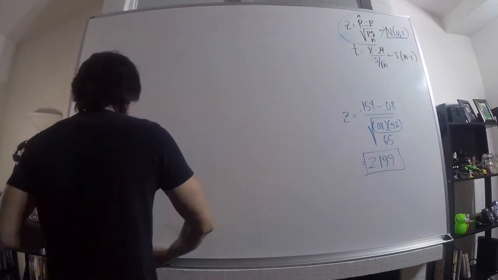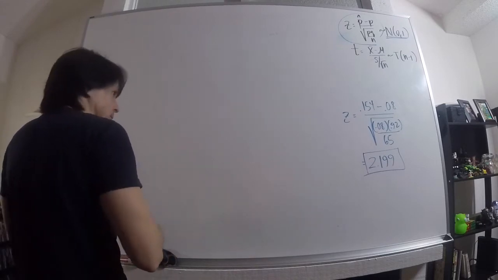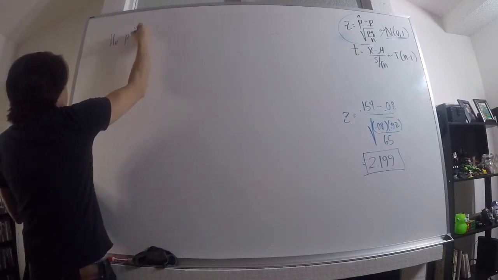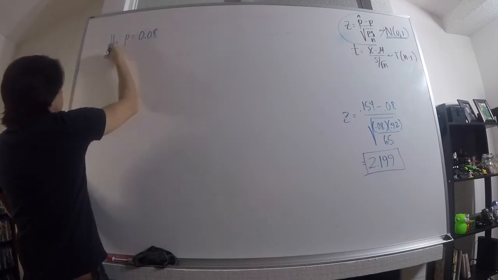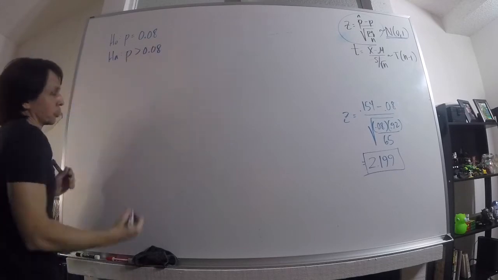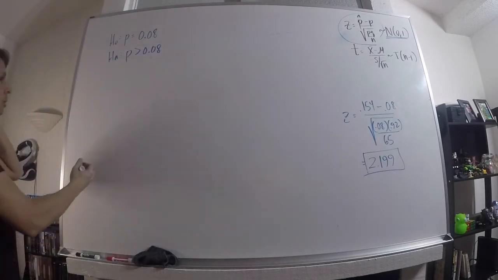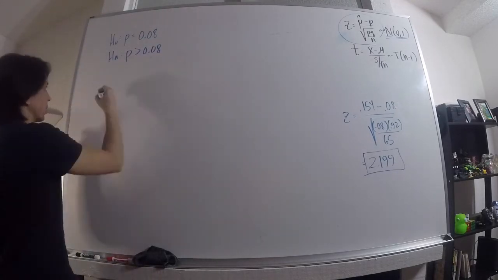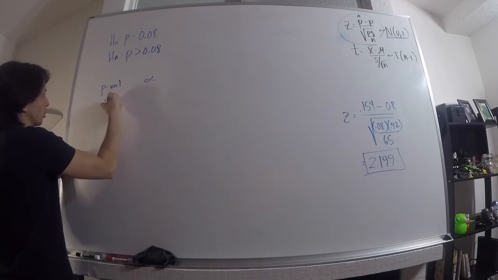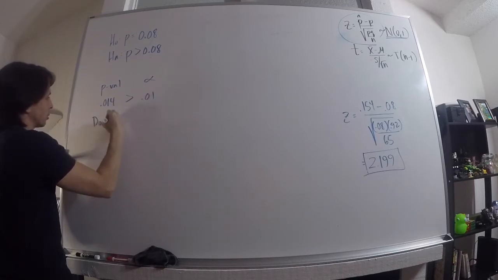A couple of things I need to carry over that I'm going to write down. Our null and alternative, I'm going to refer to that. Our computations came up with a conclusion. I'll write out more than I need. 0.014 versus 0.01, it was greater than, so we did not reject.